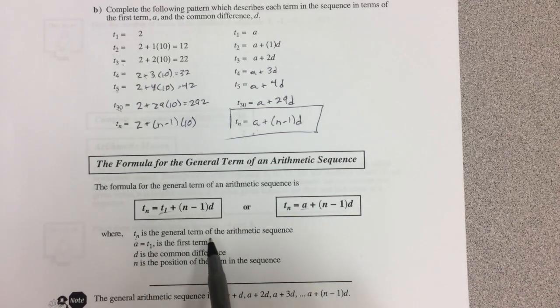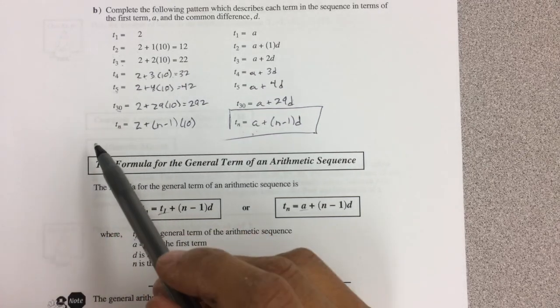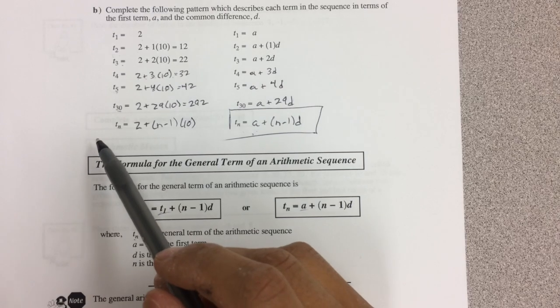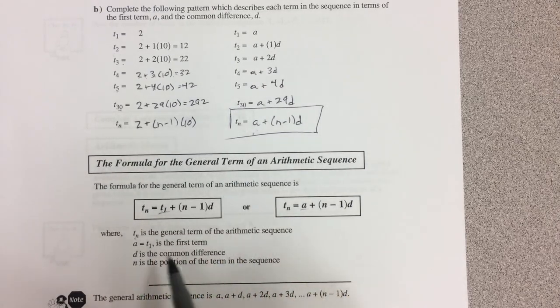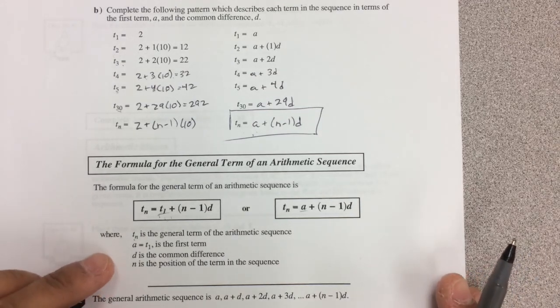Tn is the general term, so that'll give you any term you're looking for. Like if you want to look at, in this example, the 1032nd term, then you would use this exact formula here. A is the first term in the sequence, d is your common difference, and n is the position of the term in the sequence you're looking for.